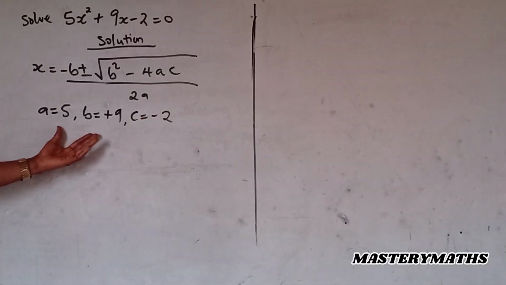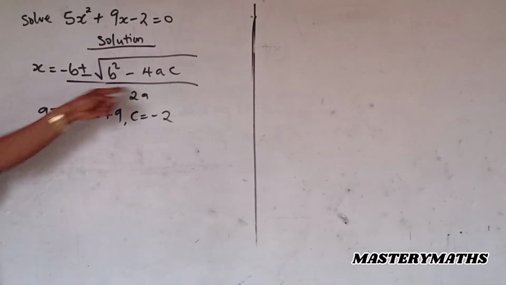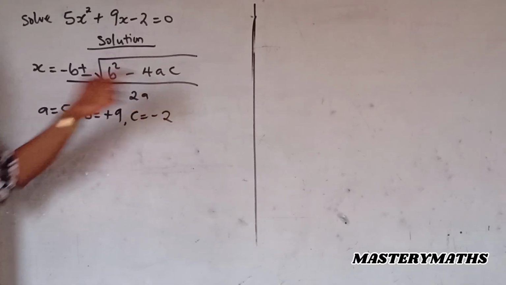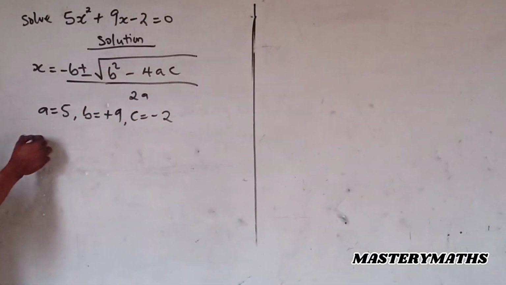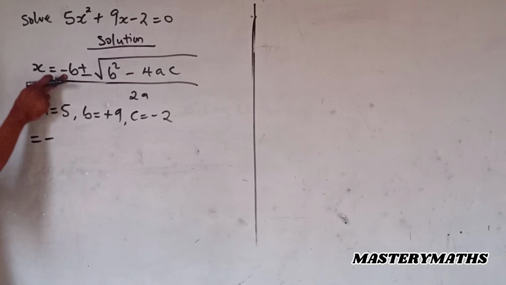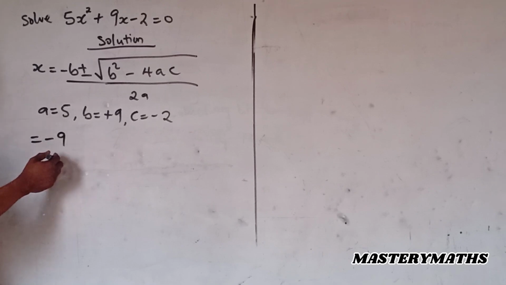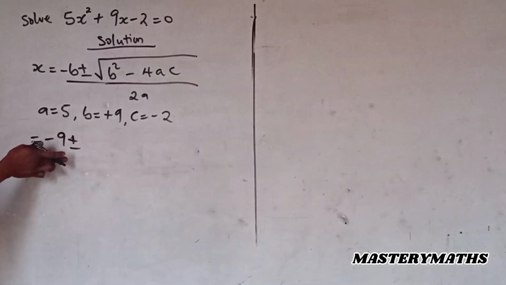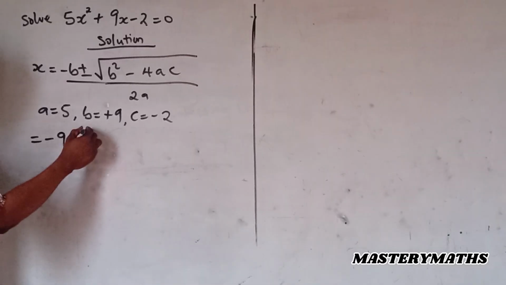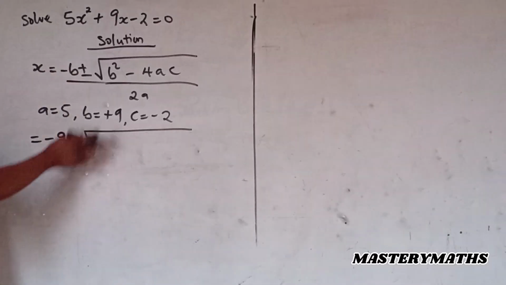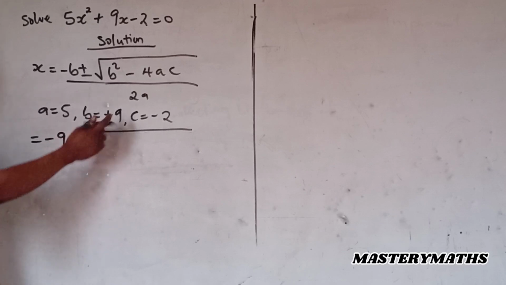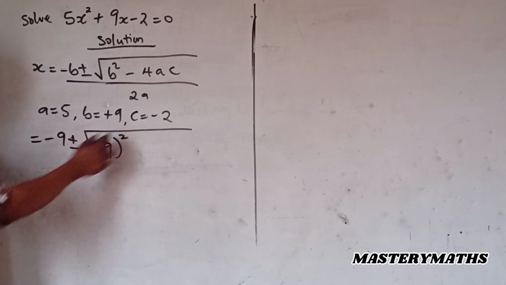Now, having listed them this way, let's substitute them into the formula we've written out. So it will be minus b, and the b here is 9, so it will be minus 9 plus or minus, which you have here. Then you put your root, b squared. Your b is plus 9, which is 9 squared.